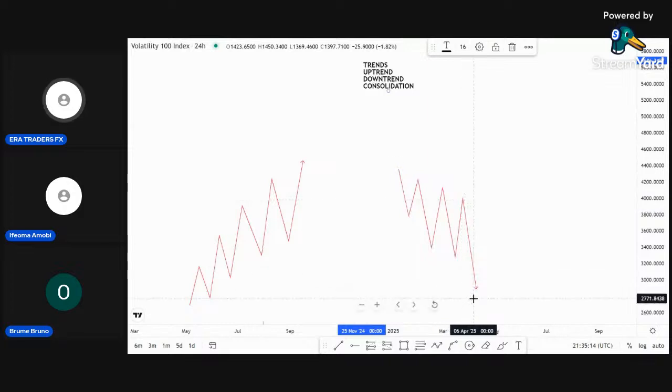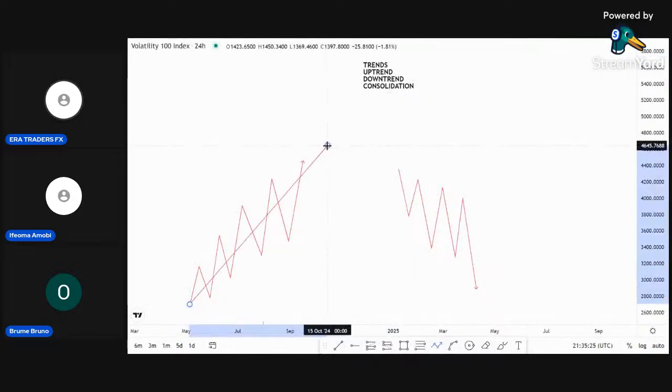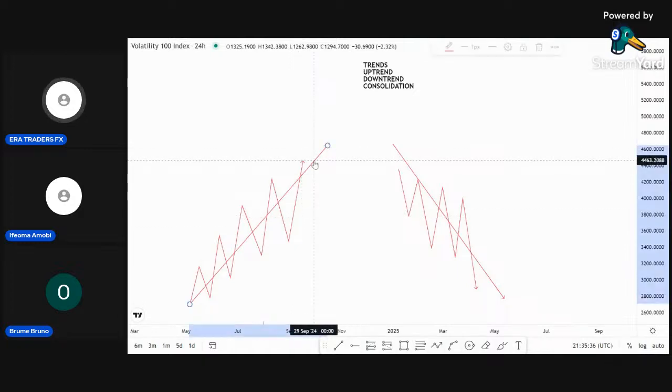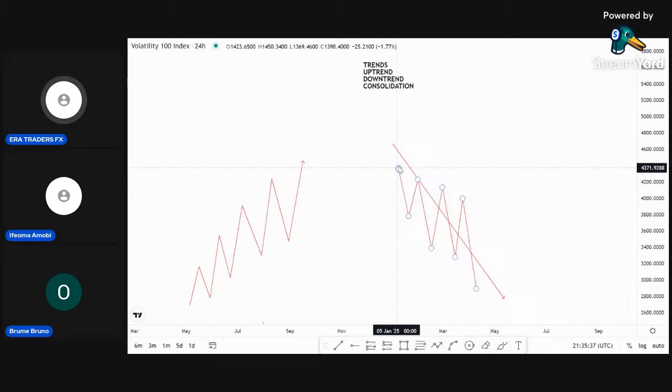When the market is going up, you see something like this. When it is coming down, you see something like this. Like I said, you will not see a straight line, you will see zigzag movement.